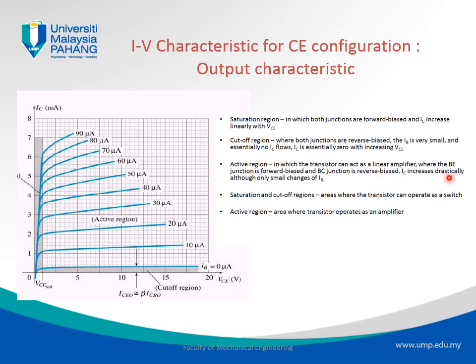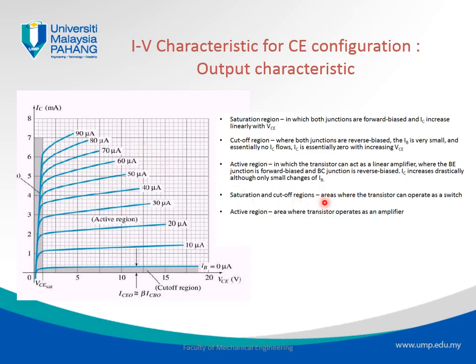This means the BE junction is forward biased and the BC junction is reverse biased. So any increase of IB will in consequence drastically increase IC, of course with the gain, the ratio beta. So beta is IC divided by IB.